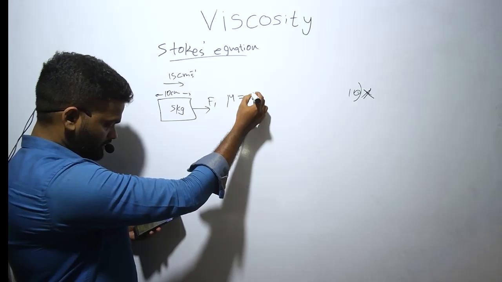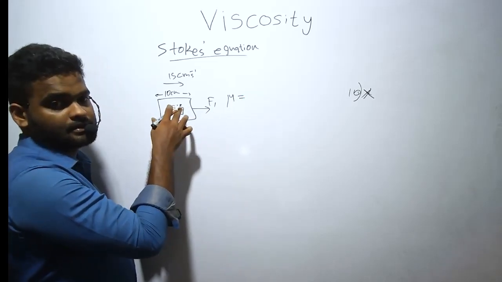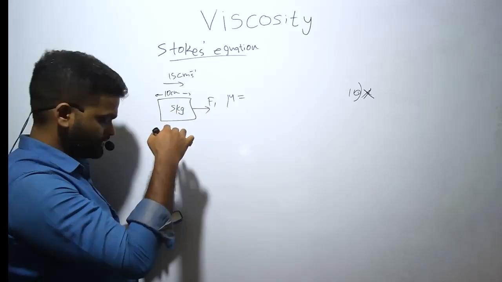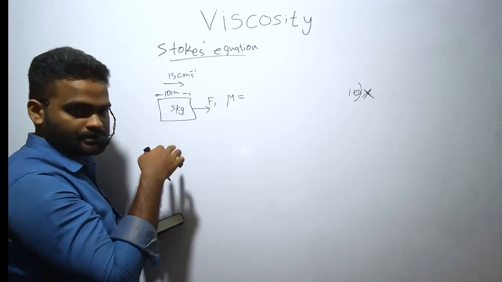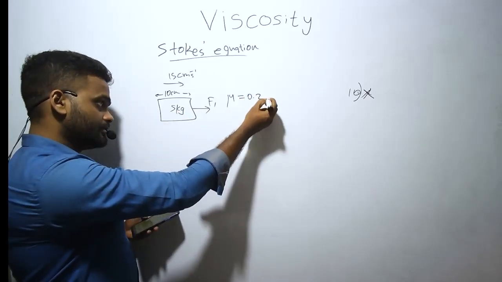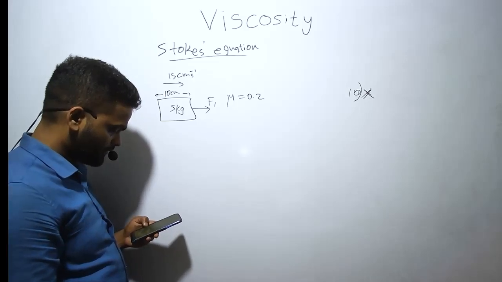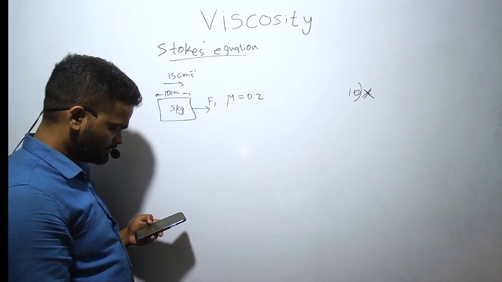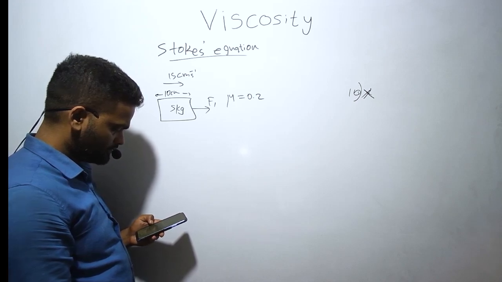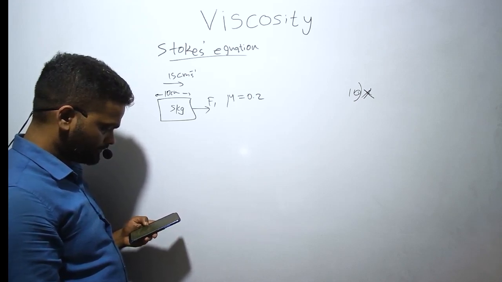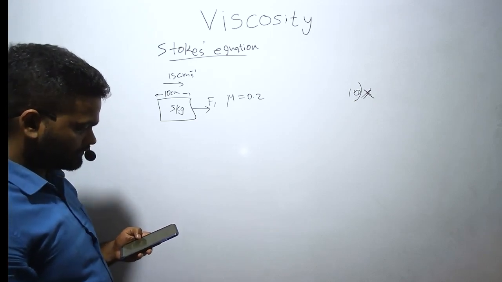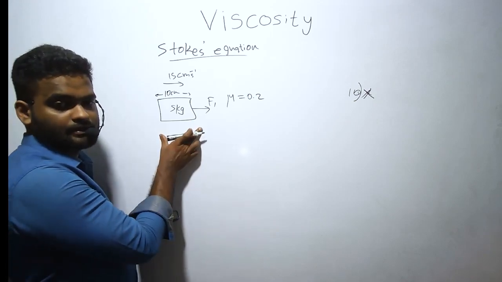Kinetic means the friction acting when there's a relative motion, right, between solid surfaces. So it is given as 0.2. So this is one scenario, right?